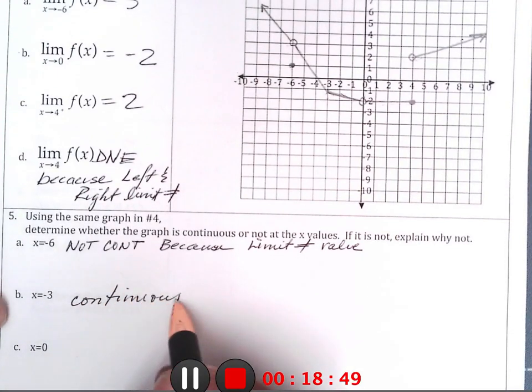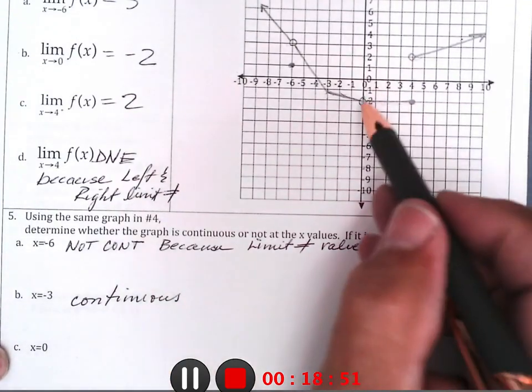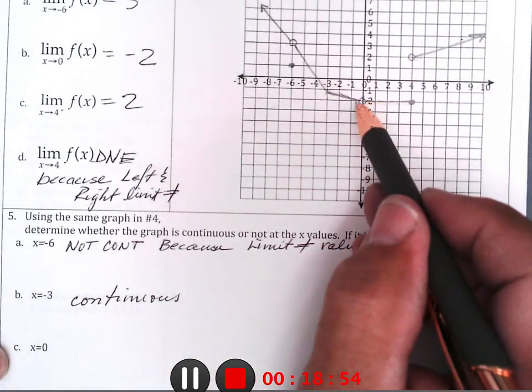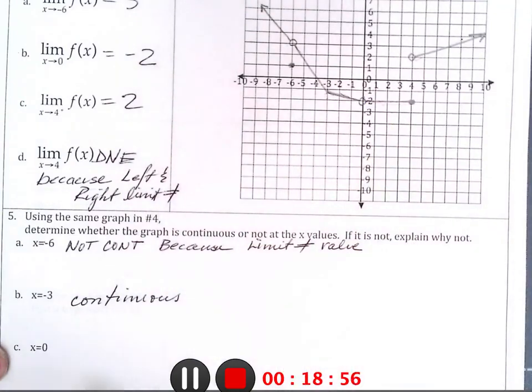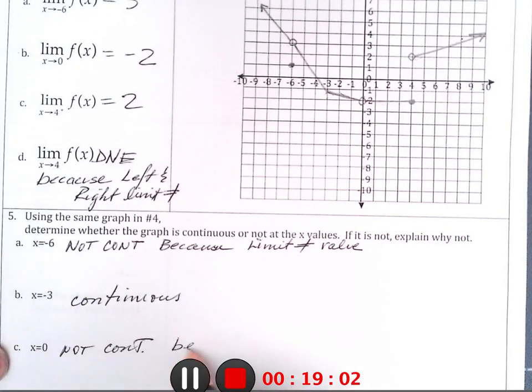At x equals 0, it has a limit from the left and right, but it has no value. So not continuous because no value.